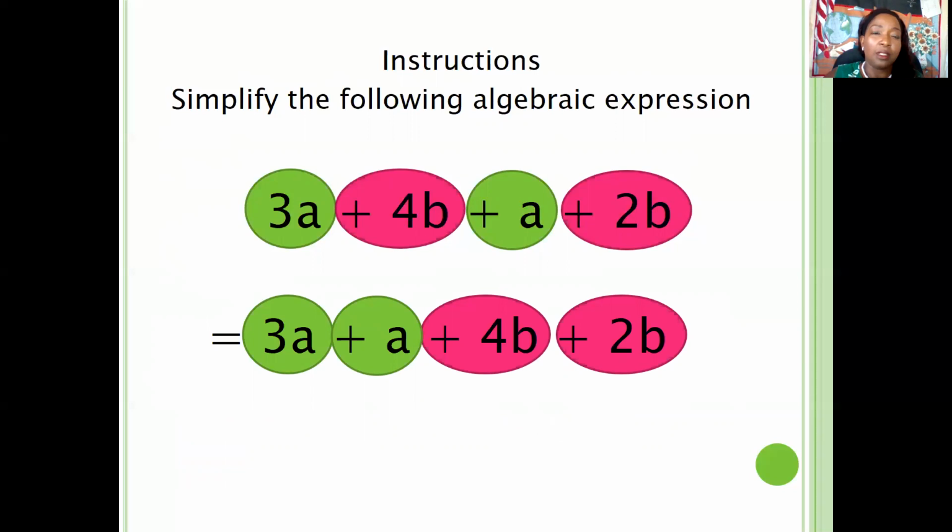Now, because we know that you don't have time to draw out all of these things, algebra has come to make your life simpler. So what we do is we rearrange or we collect like terms together. 3a plus a plus 4b plus 2b.